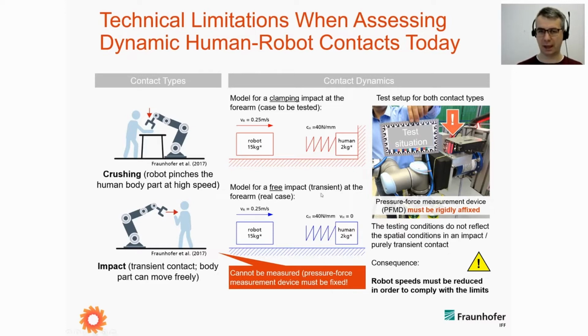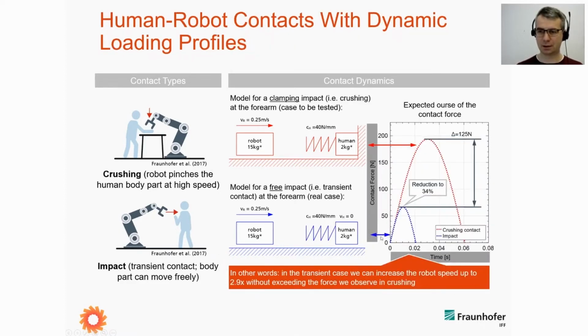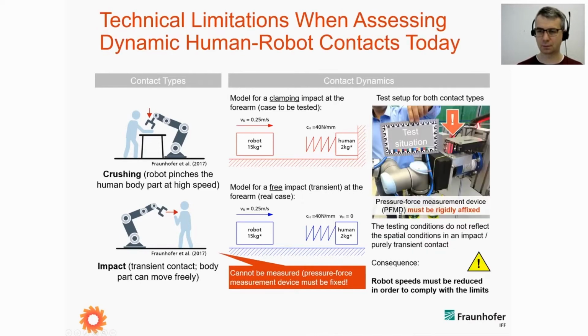Again, what we want to assess is the impact, so transient contact, but what we can measure is only crushing, the case where the body part is restricted in its motion by an obstacle. The consequence is, please keep in mind, that we have a significant difference here in terms of the contact force and the speed.